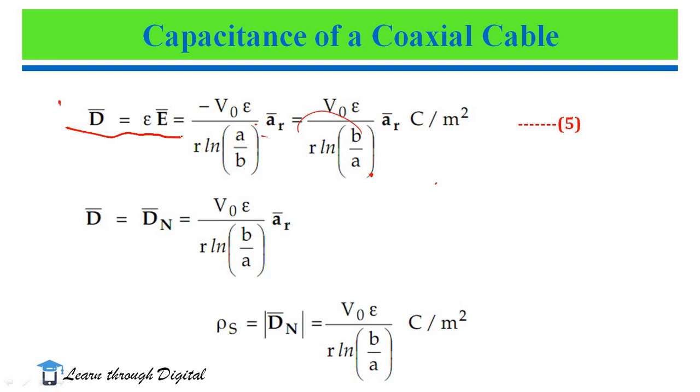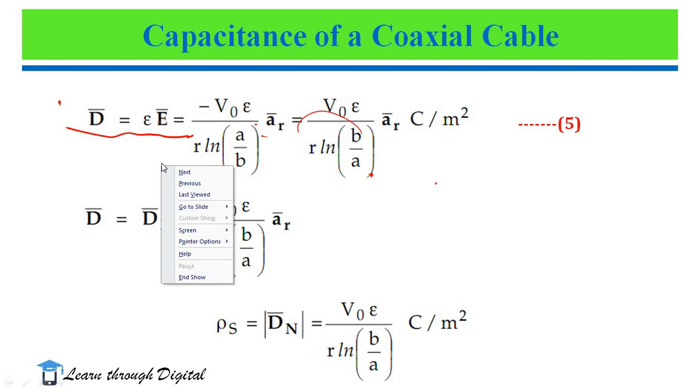As we know the relation between D vector and E vector, D vector is equal to epsilon E vector. Previously we obtained the expression for E vector. Now we substitute it and get the expression for the D vector. As per the boundary conditions between conductor and dielectric, the D vector is always normal to the surface.